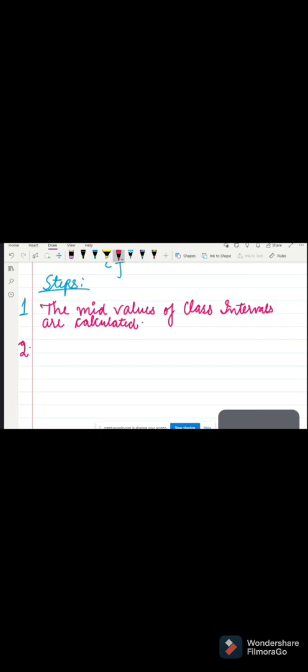Second, to find the mid values of class intervals, lower and upper limit of that class are added and then divided by 2, right?